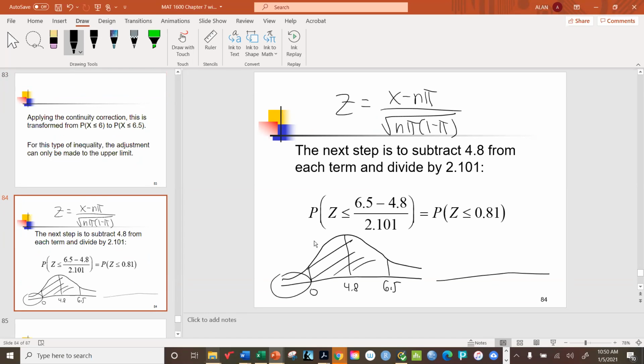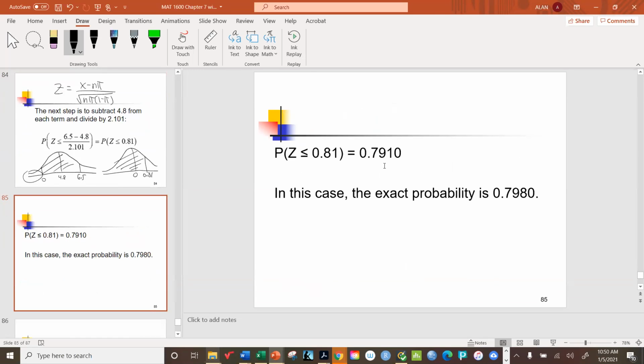And over here, we're just going to leave it as 0.81. Okay, so again, you can see we're going to have some approximation errors, but we should get a pretty reasonable answer. So this gives us 0.7910, where the actual answer is 0.7980.